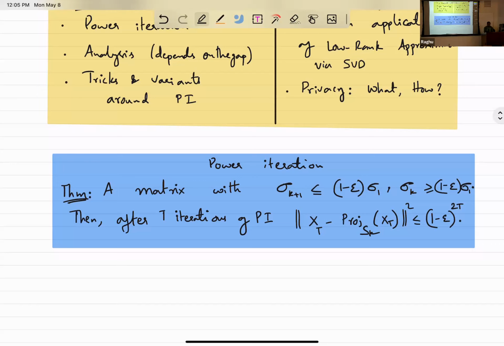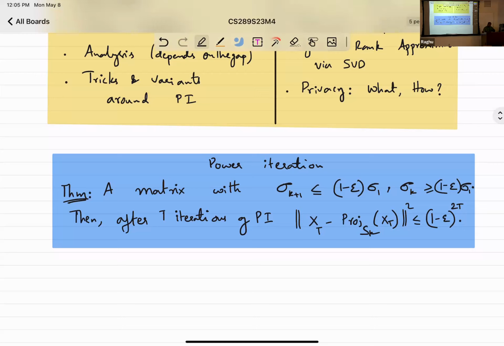What was the exact bound? Let's write that down. Okay, so this is what we had, and this is the span of the first k singular vectors.